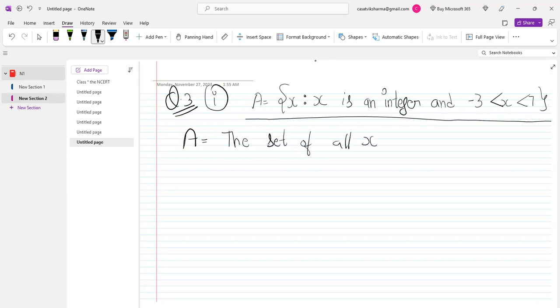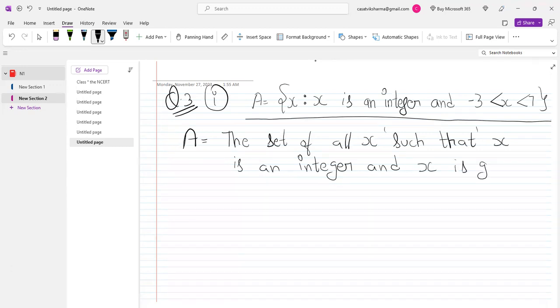Colon means such that x, then this value is an integer, and x is greater than -3, but less than +7.